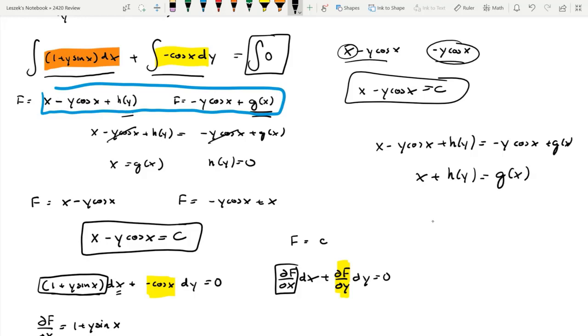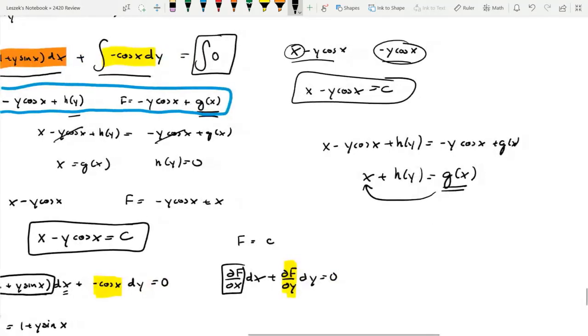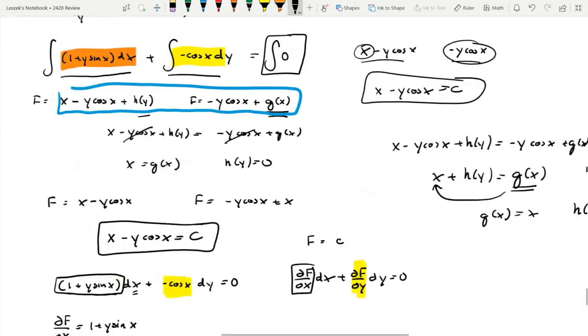So here, this says that g is a function of x, so it must be equal to this because it's the only function of x. And if that's g of x, this means h of y must be 0, right?